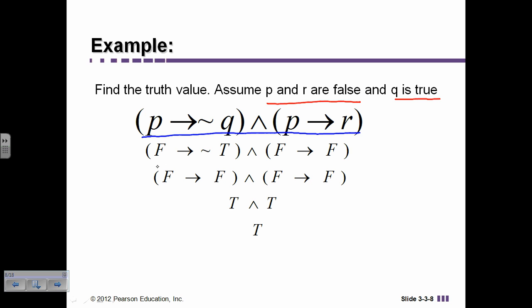So everywhere that there's a P, we're replacing it with false. And everywhere that there's an R, we're replacing it with false. Everywhere that there's a Q, we're replacing it with true.